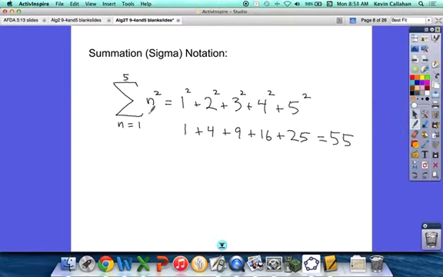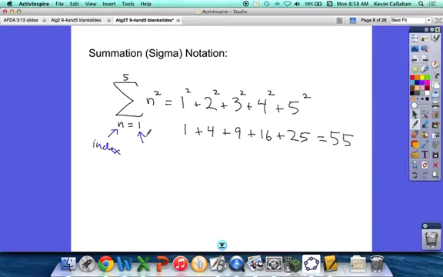Okay, where do you think that came from? From the formula, n squared. We're just plugging in those numbers 1 to 5 in a row and adding them up. So in terms of the sigma or summation notation, the n here is called the index.